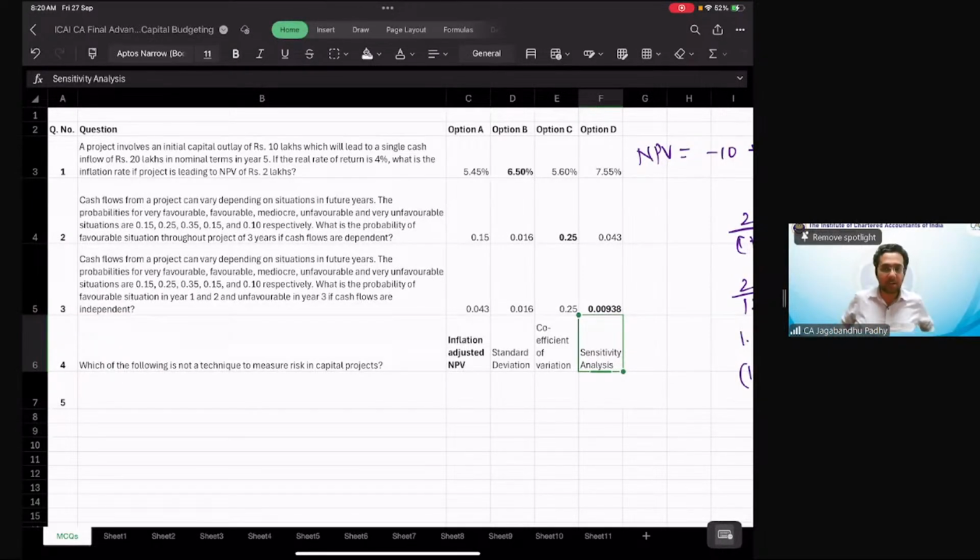So you're likely to get an idea about how much negative NPV you can get. Whereas inflation adjusted NPV is just discounting your cash flows, taking into account the inflation rates.